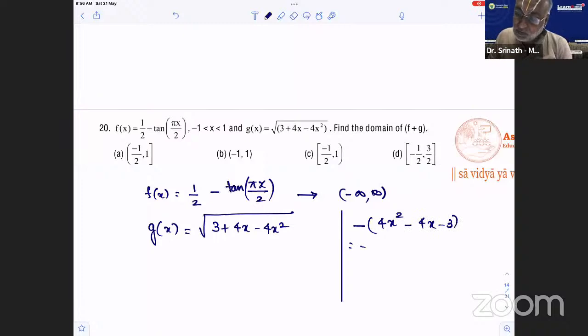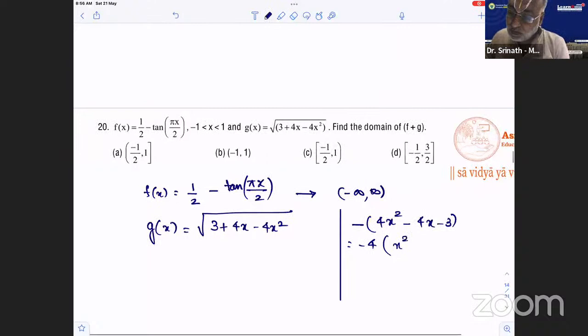Let me take this also, minus 4 into x square plus x plus 3 by 4. I think I made a mistake here. Just a minute. Yeah, it is x square minus x minus 3 by 4.